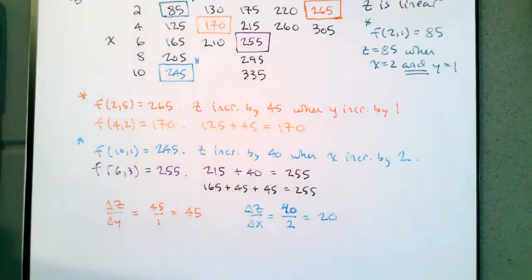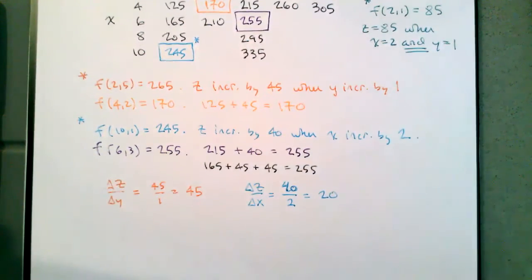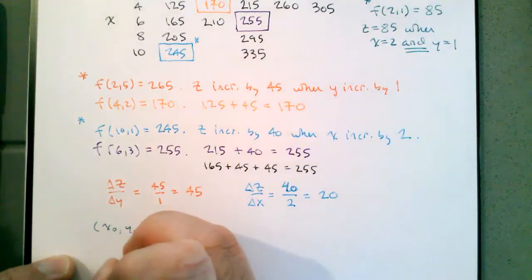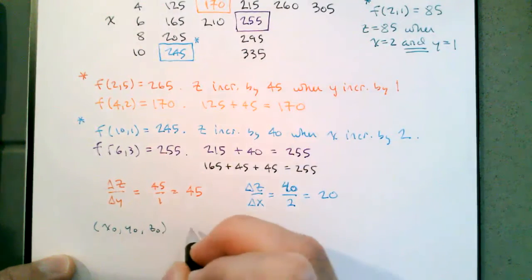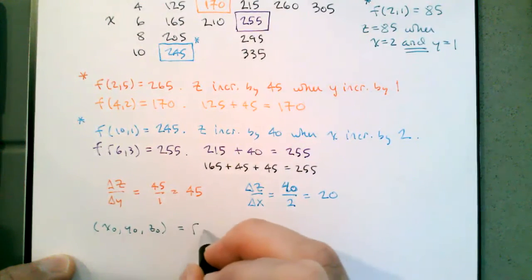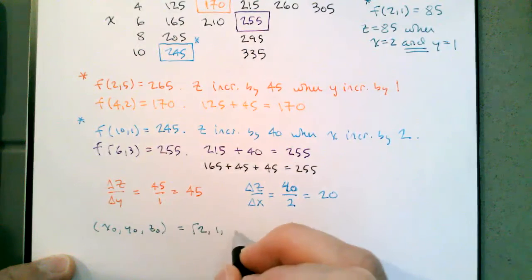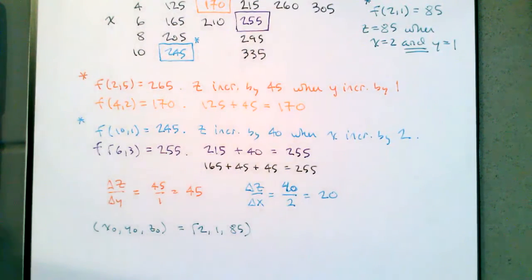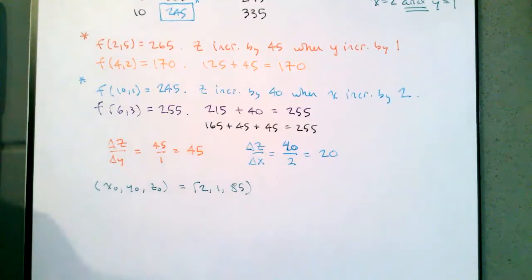So now I can write the equation of a plane. I can pick any point to start. So I can choose x naught, y naught, and z naught. I'm going to choose this point to be when x is 2, y is 1, z is 85. And I can write my equation the same way I wrote the equation in the x and y example.